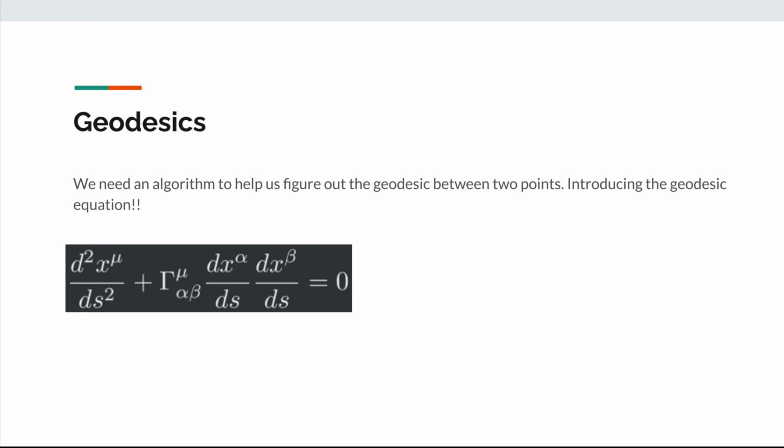To help us figure out what that's going to be, we have the geodesic equation. What you do is input the vectors and all the information for the Christoffel symbol into it, and you get out the formula for the line, the geodesic.